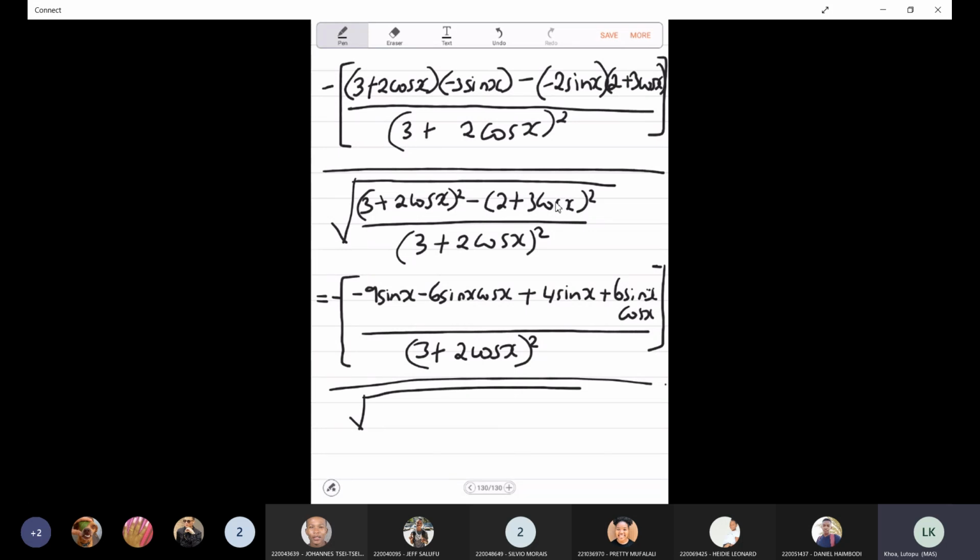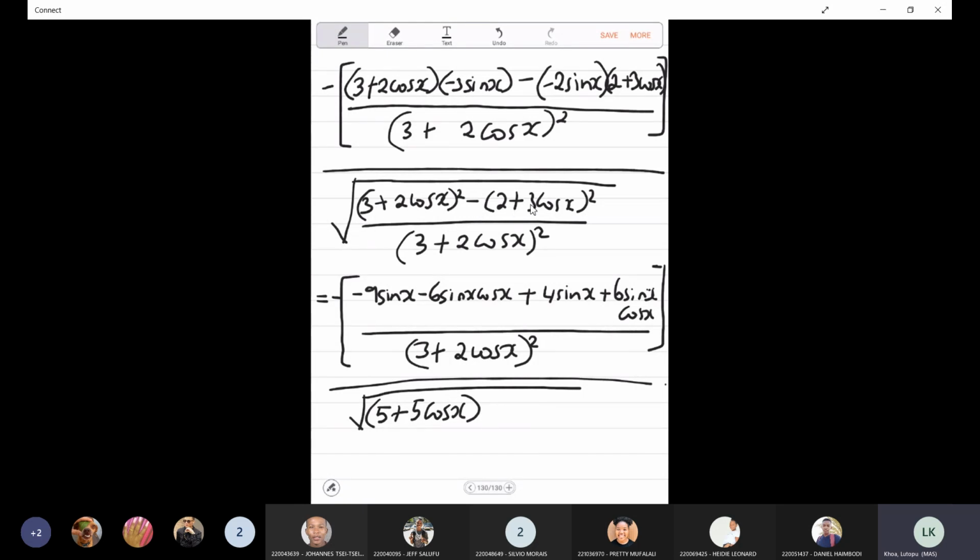So in the first bracket, I will have 5 plus 5 cos x. Okay, so I'm factorizing this using the difference of squares.